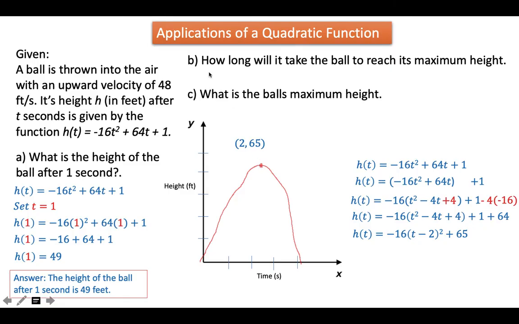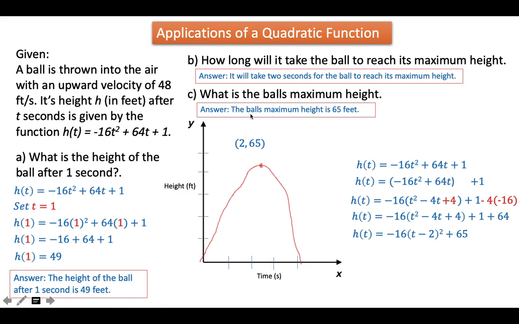So the question, how long will it take the ball to reach its maximum height? We're talking of the time, so it will take 2 seconds for the ball to reach its maximum height. Then for question C, what is the ball's maximum height? Obviously, it reaches 65 feet. So the ball's maximum height is 65 feet.